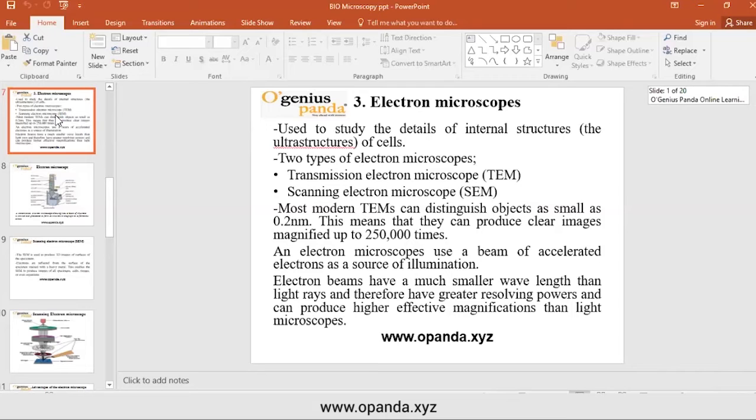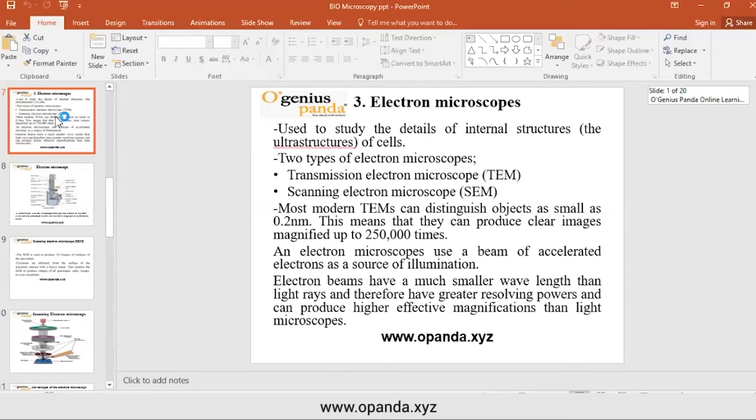Electron microscopes are used to study details of internal structures, called the ultrastructures of the cells. The two types are the transmission electron microscope and the scanning electron microscope. Transmission electron microscopes can distinguish objects as small as 0.2 nanometers.